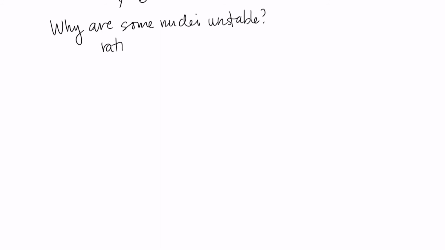Okay, I can't write. Why are some nuclei unstable? Well, it has to do with the ratio of protons to neutrons. And there's some, we call them kind of like magic numbers, where you have the right ratio and those end up being stable.